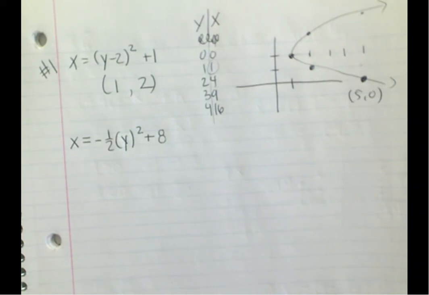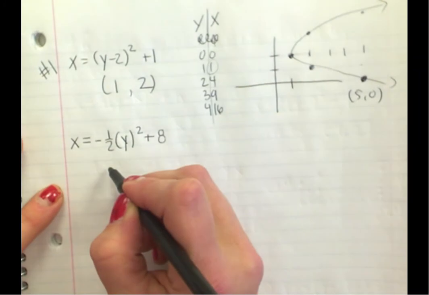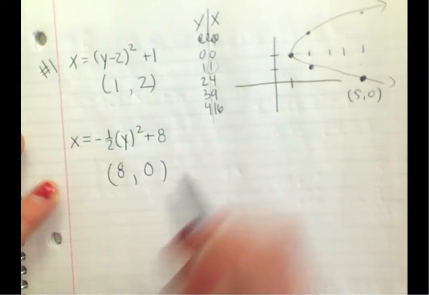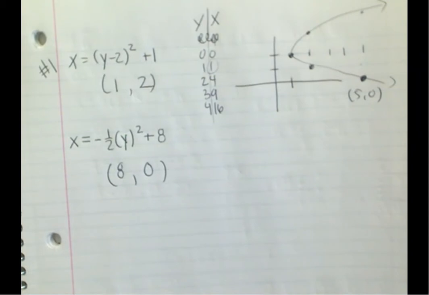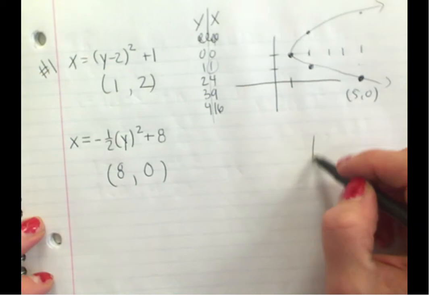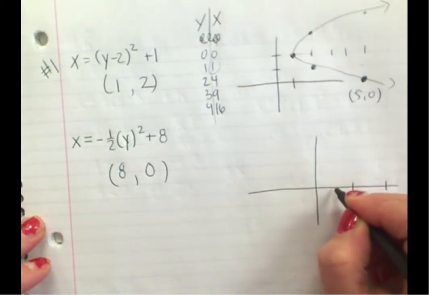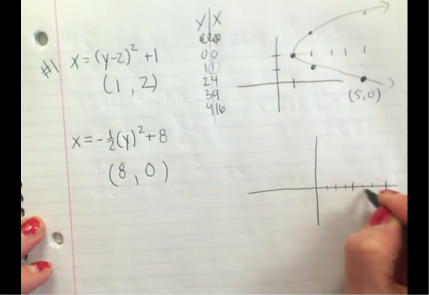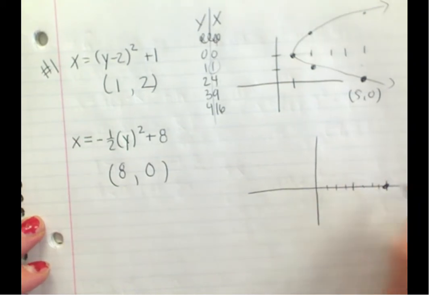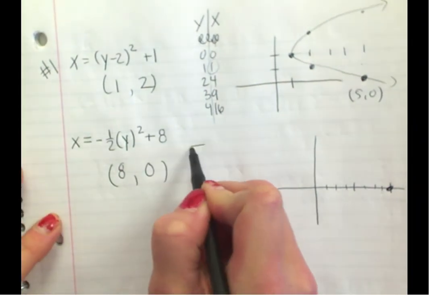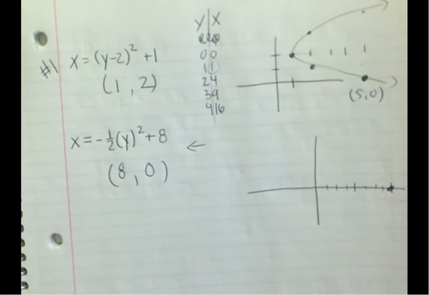Okay, now we have a -1/2. So I'm going to slowly write down my vertex, which is 8, 0. And I'm going to put my vertex in the right place. That's up here. Okay, 8, 0. Then I'm going to write down my table, and we're going to see how that half affects it. Besides that, I know that it's opening left.